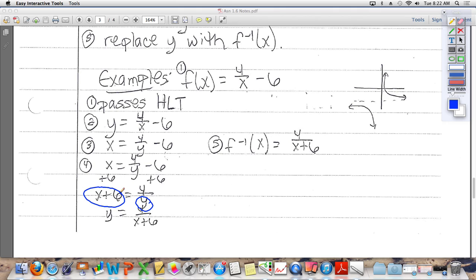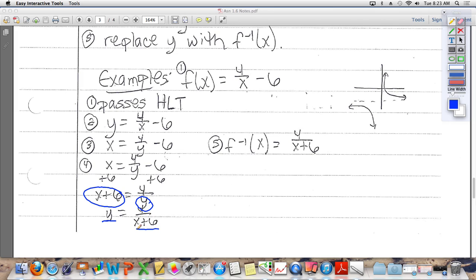So I've replaced x plus 6 with y. I've replaced the y with x plus 6. Therefore, my new rule is y equals 4 divided by x plus 6. And then the very 5th step is to replace your y with f of -1 of x. So it's 4 over x plus 6.